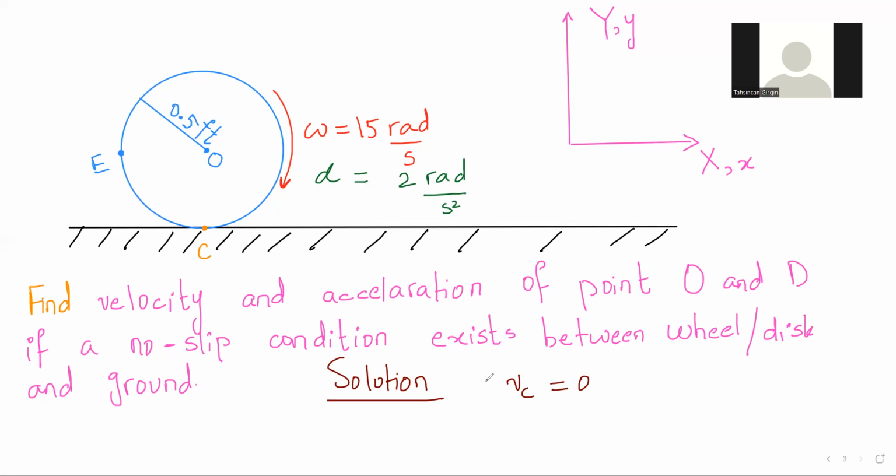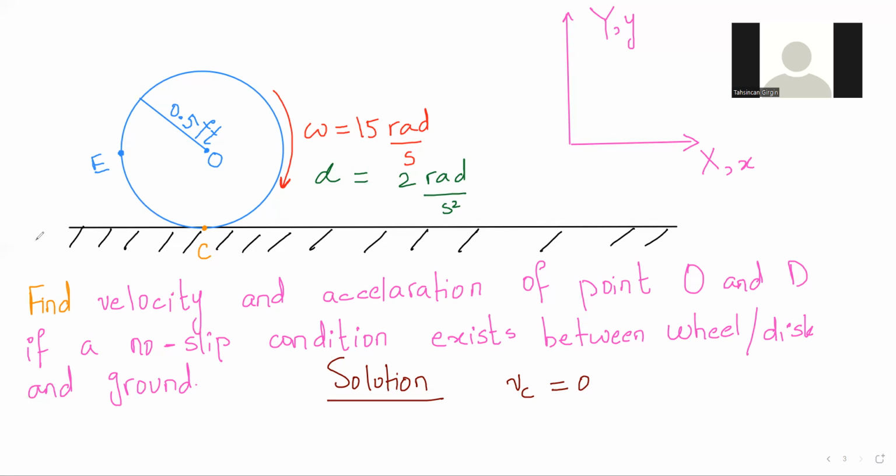If I'm pulling from the bottom, let's say, and I tell you that this thing is pulled at 2 meters per second, then the no slippage condition would mean that VC is 2 in the positive I. If I had pulled it towards left at 3 meters per second, then no slippage would have meant that VC is minus 3 I. Good. But here the no slip condition means it is a ground. So VC is 0. Okay. Good.